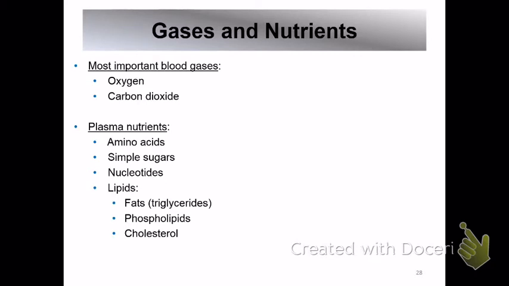Okay, so what does the blood move around? It moves around the oxygen and the CO2, the carbon dioxide. You breathe in, oxygen goes into your lungs, and then you got to get oxygen all the way out to every single muscle, even the ones in your big toes, right, and little toes. Okay, and then there's nutrients. Amino acid, just for future reference, is a broken down protein. Sugars, like glucose. Nucleotides, that's DNA.